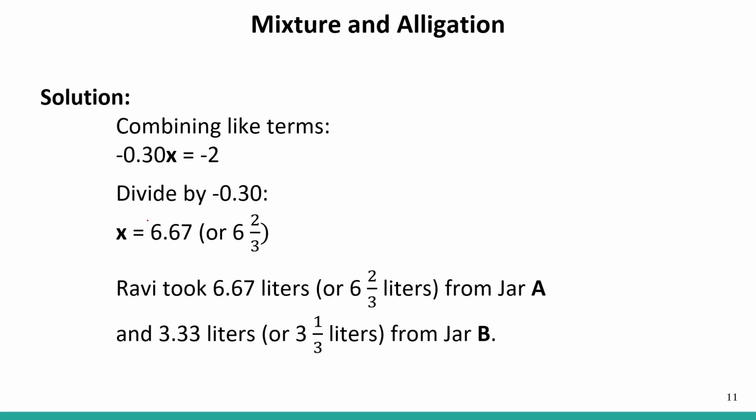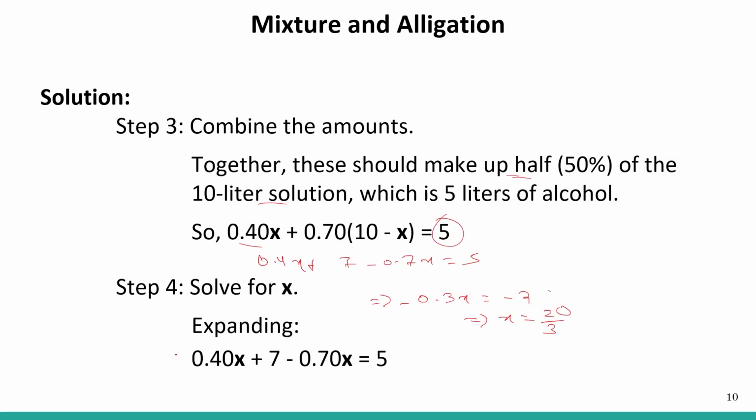So x will be 6.67 because 20 by 3 is equal to 6.67, and the amount from the other one will be 3.33.